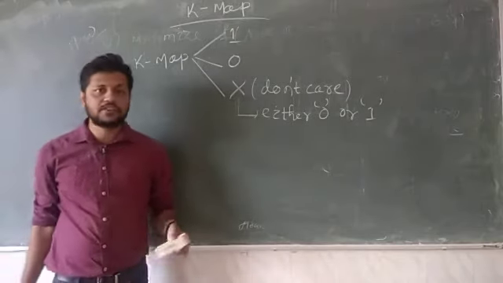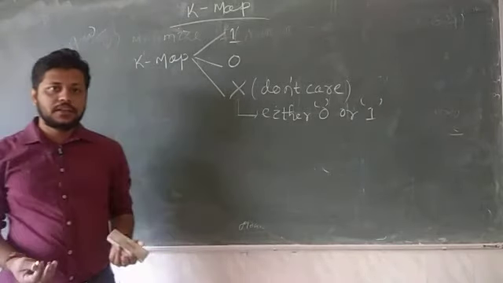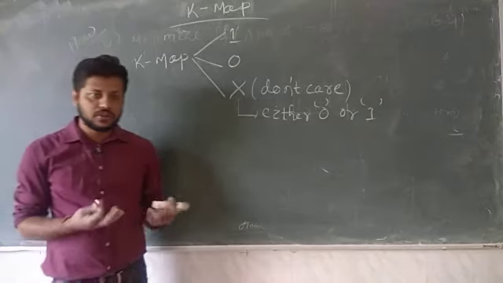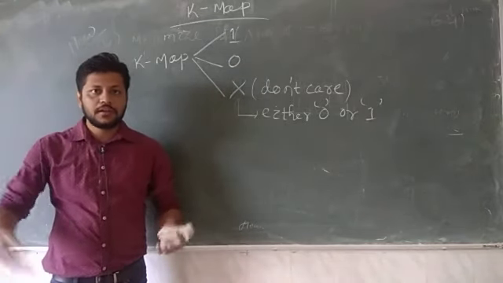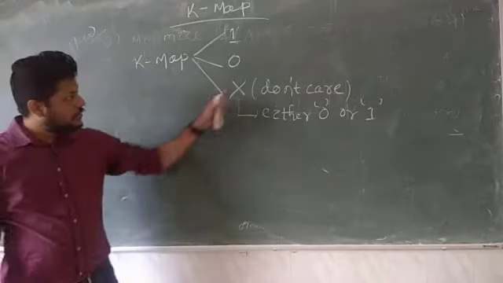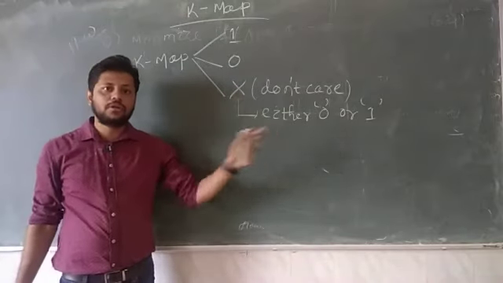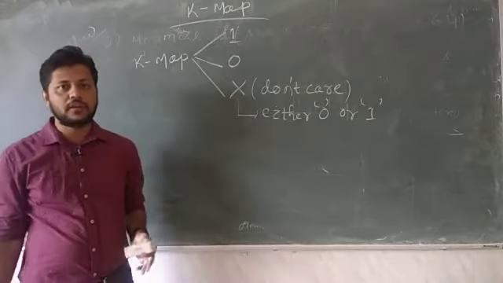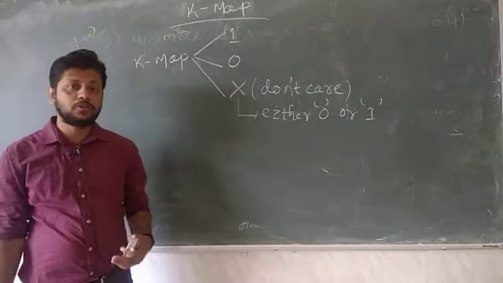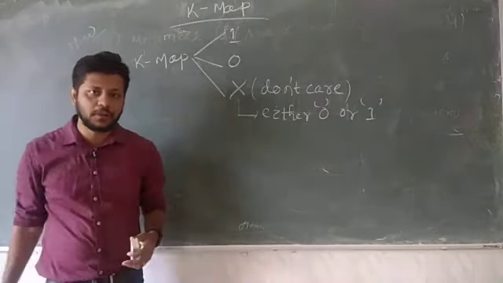This don't care stands for a situation where the input combination is not known to you and there is some output. That condition is known as your don't care condition. Suppose there is a situation where we have a known output but we don't know the combination of input.